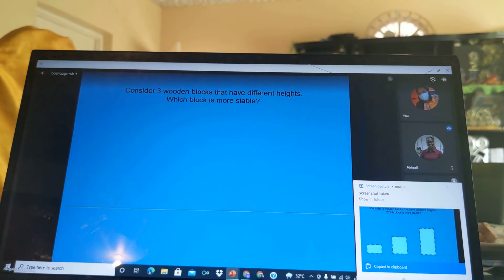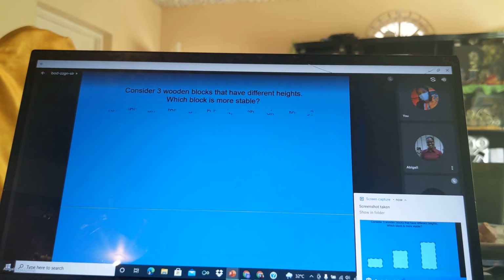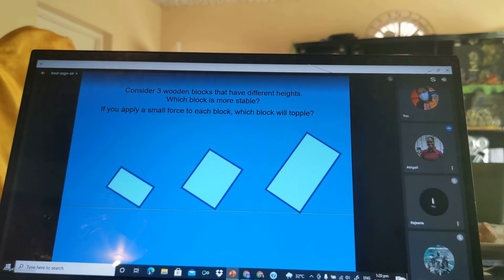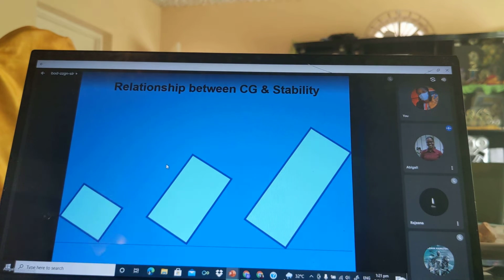When we check for stability, what we do is say that if we apply a small force to each of the blocks, which one of them is most likely to topple over, drop over to the next side? That's what we talk about when we talk about stability. If you apply a small force to the side of each of the blocks, which one of them will topple over?